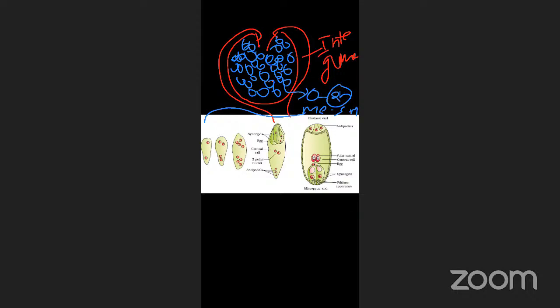Here the first meiosis, meiosis 1, as a result forms two nuclei. Second meiosis, as a result forms four nuclei. Let me draw here clearly. Megaspore mother cell, meiosis 1.